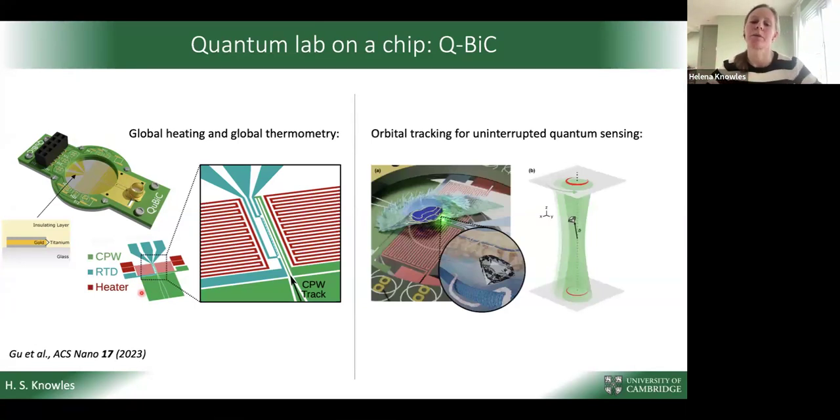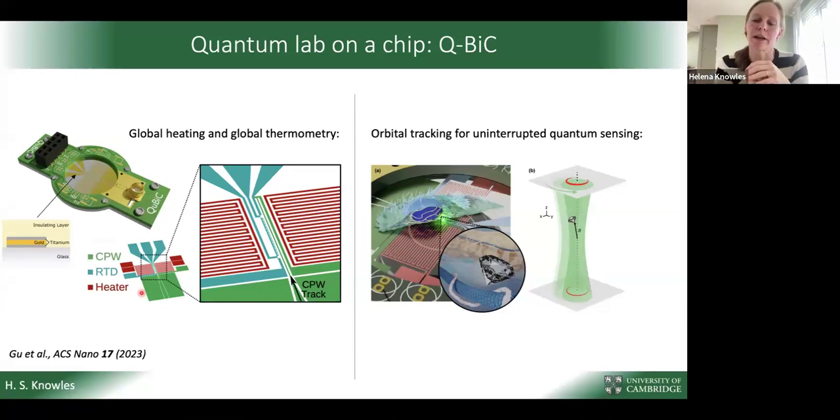And then the other component, which doesn't actually belong to the chip, but which is crucial to some of the experiments we do, is this orbital tracking. And this is because, of course, diamonds, unless they've been functionalized and they're really stuck to something in a cell, will move around quite a lot. And so during the course of an experiment, you need to be able to follow the diamond around.